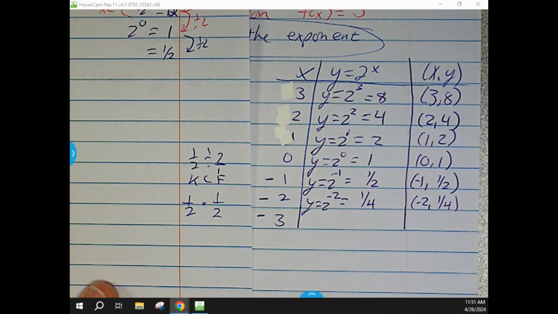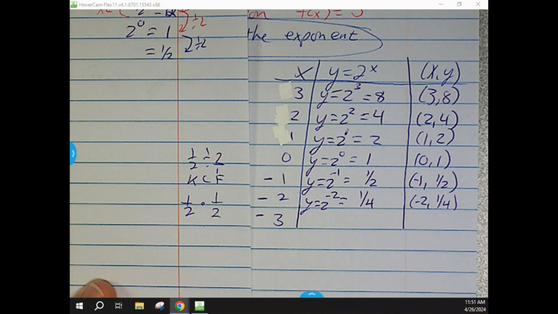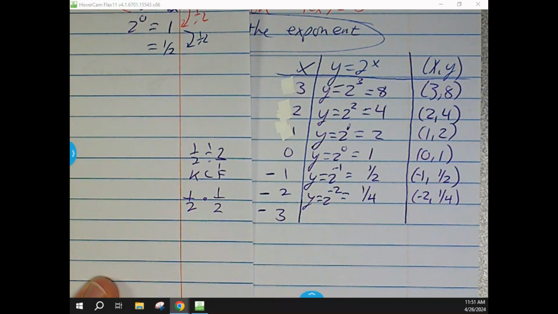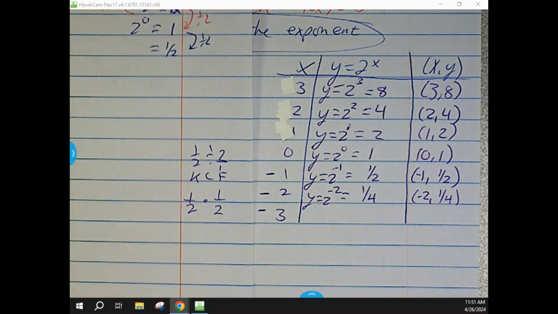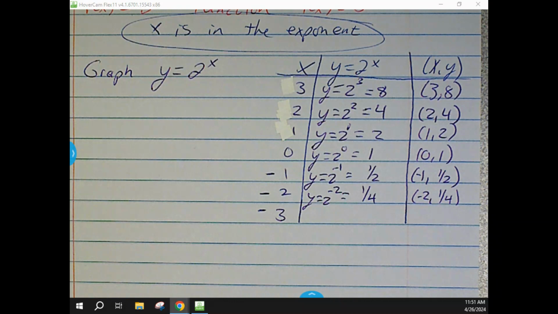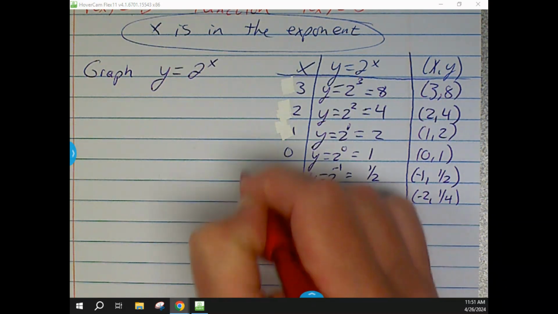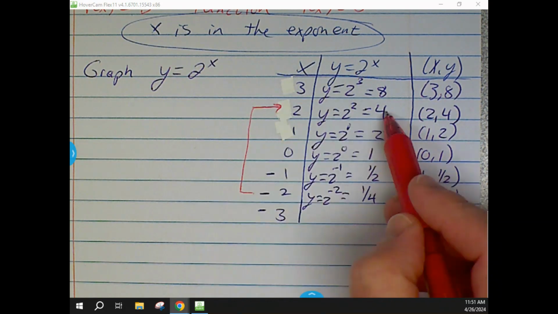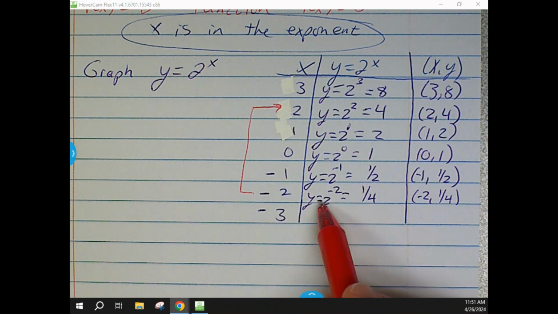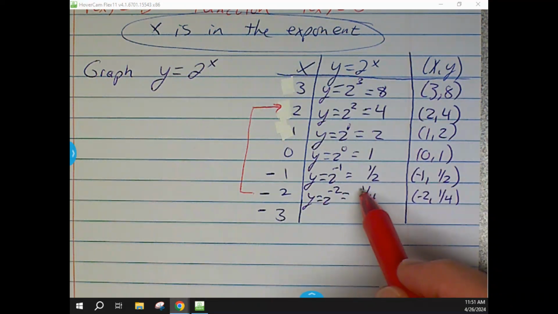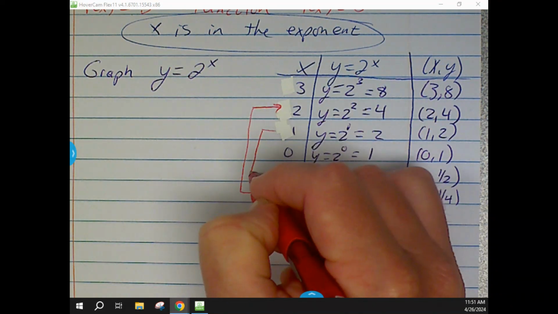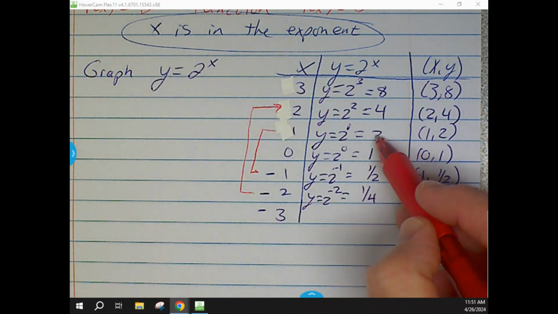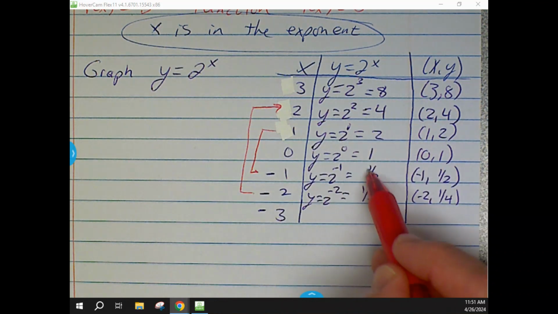All right, and here's the other thing I want you to catch. Here's where we make the connection with the negative numbers: if the exponents are positive and negative, notice that the numbers are the same. Like 2 squared is 4, but if it's 2 to the negative 2 power, it's still 4, just 1 over that number. When we did 2 to the first power, it was 2. When we did 2 to the negative first power, it was 1 over 2.